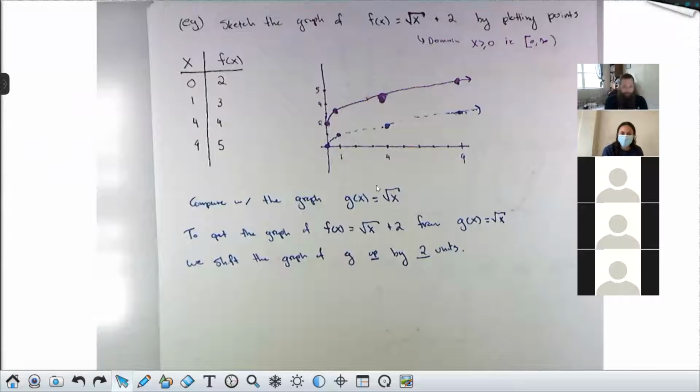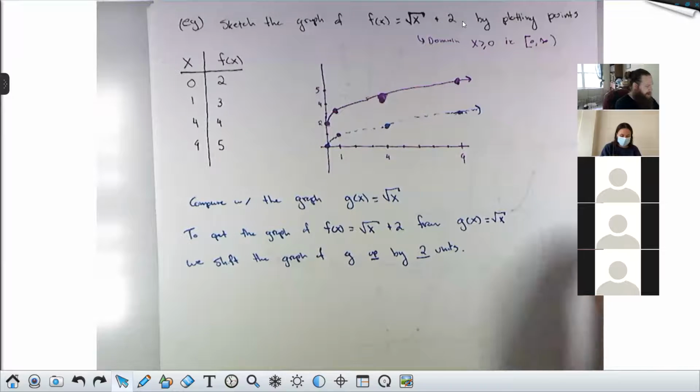Okay, so to get the purple graph from the blue graph, you move the blue graph up 2 units. And again, there's kind of a hint, right? This is +2 and it's on the outside. So let's see if we can use this intuition to sketch some other graphs.